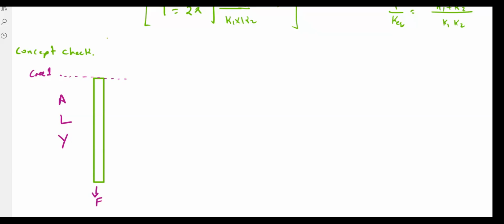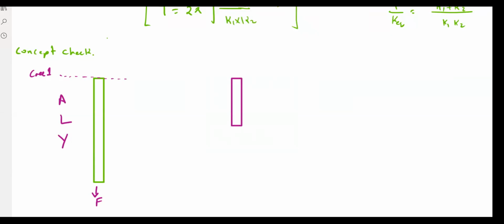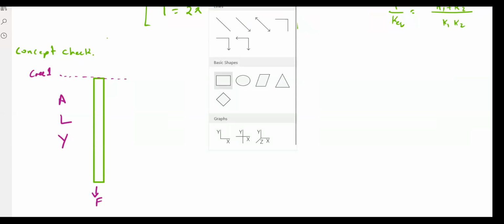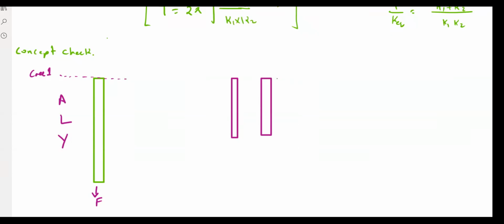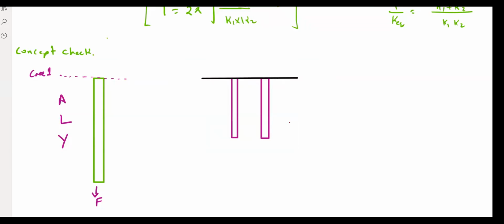Now case 2 is this rod has been cut into half, and now connected in parallel, like this. Okay, so find K in case 1 and case 2.